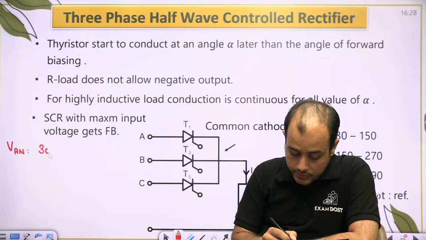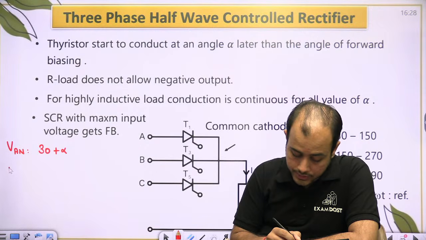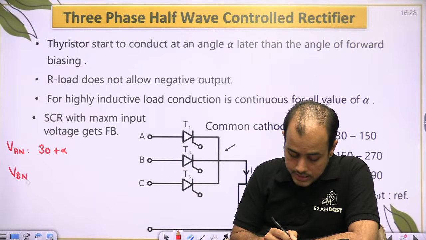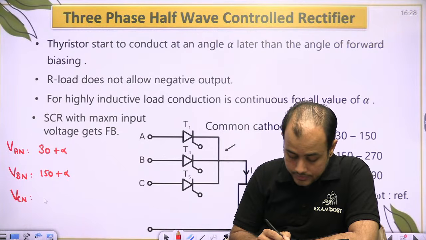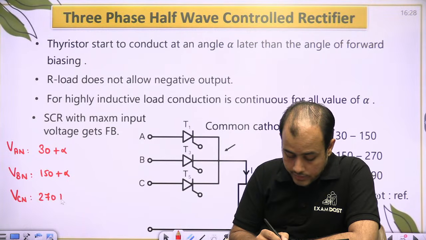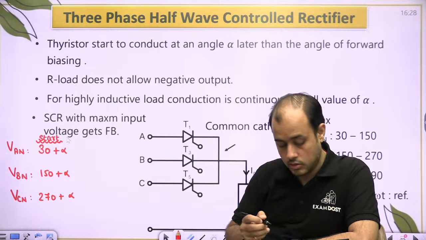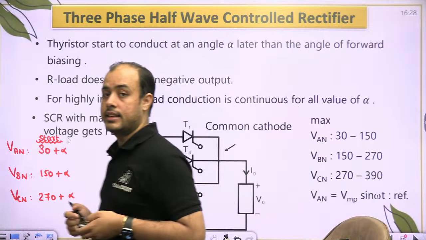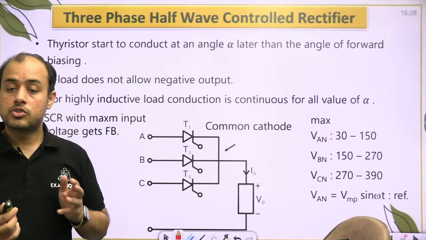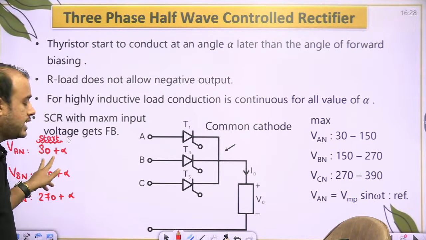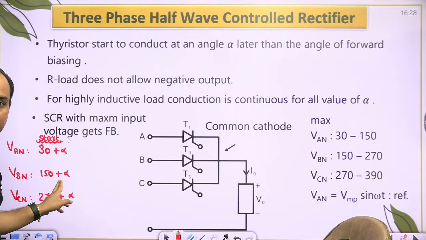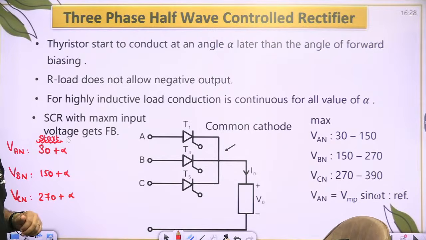So AN will start at 30 plus alpha, BN will start at 150 plus alpha, and CN will start at 270 plus alpha. Okay. That is their starting angles. So if alpha is 60, AN will start at 90, BN at 210, CN at 330.